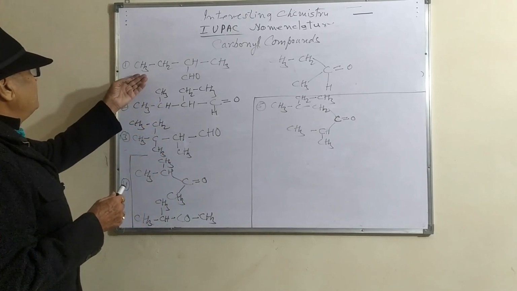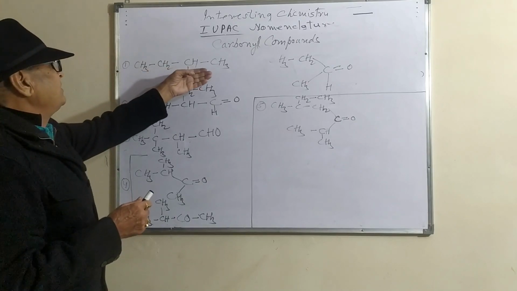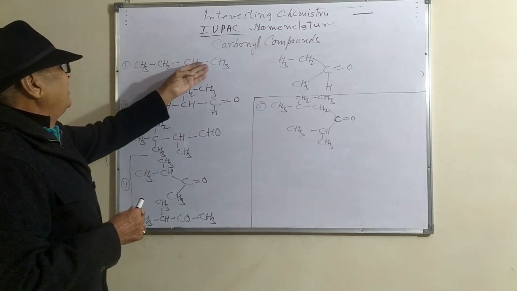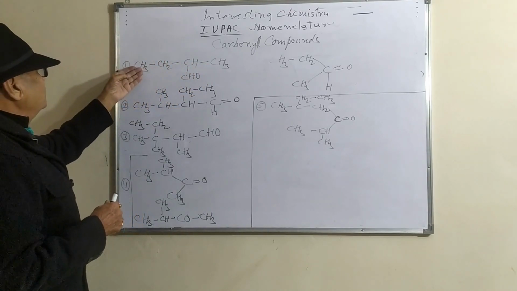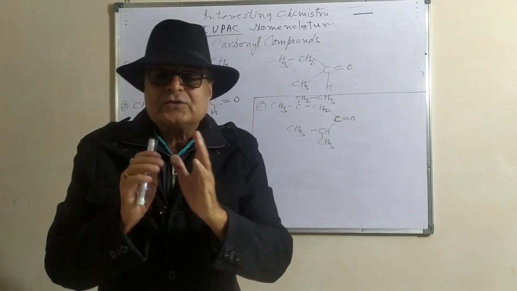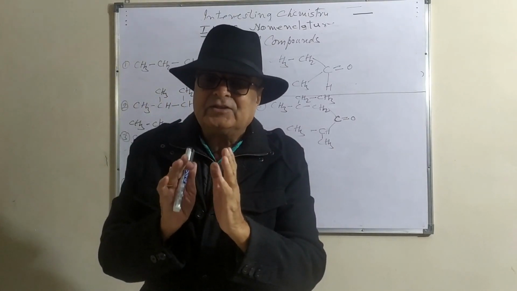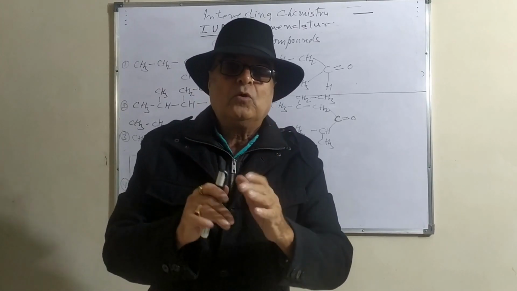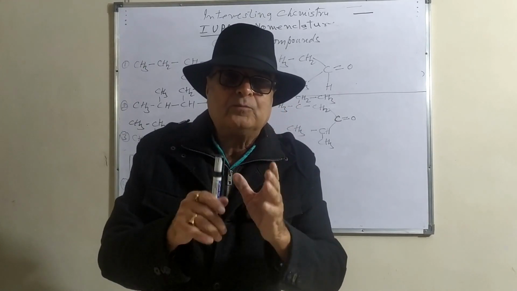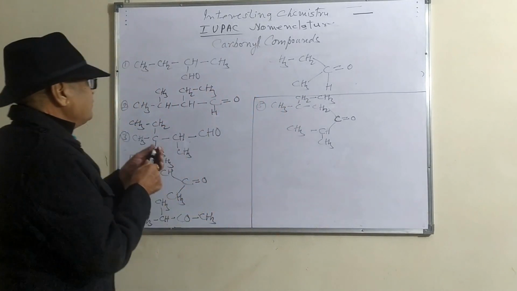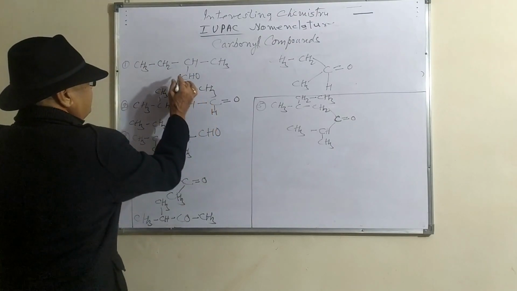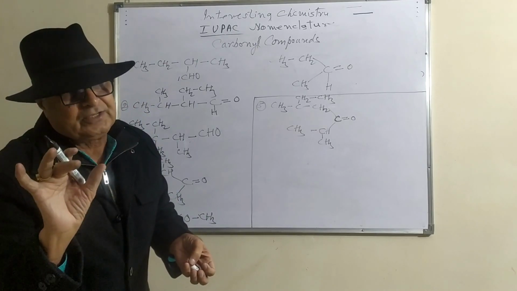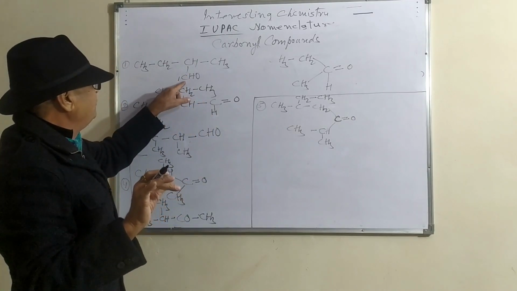So here the name of this compound, CH3, CH2, CH, CH3, the longest chain here is 1, 2, 3 and 4. There are 4 carbons. To select the longest chain, you should start from the carbon of the carbonyl group. So this CHO will be included in the longest chain, and this carbon will be the first carbon.